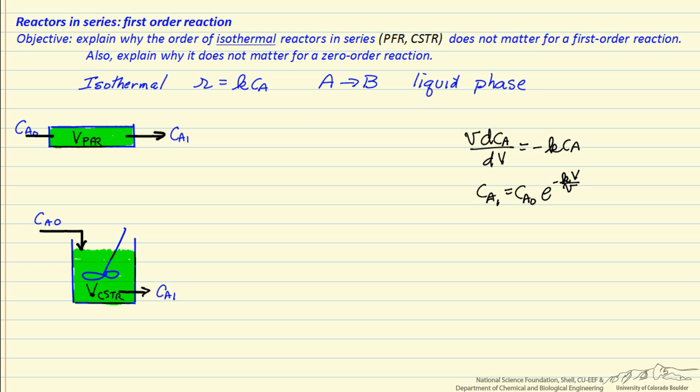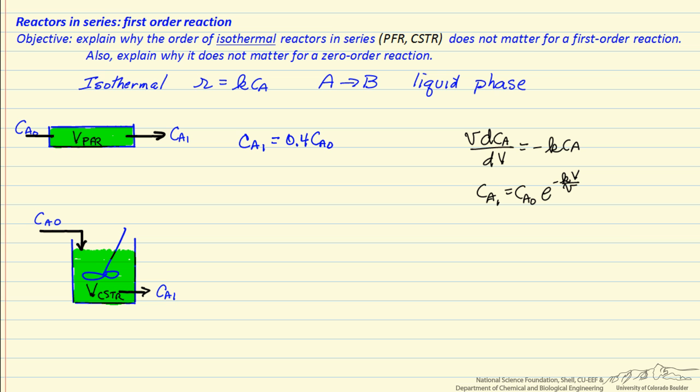So you can see from this equation, the fraction converted is the same for a given volume, rate constant, and volumetric flow rate. So for example, let's assume for this plug flow reactor that we're going to convert 60% of the feed, so 40% leaves.